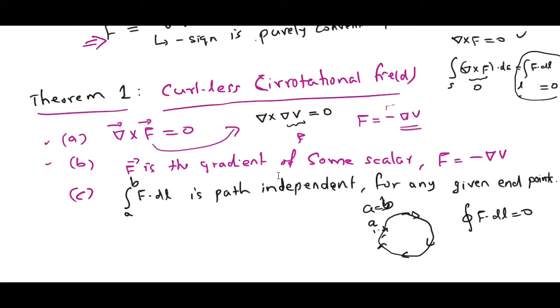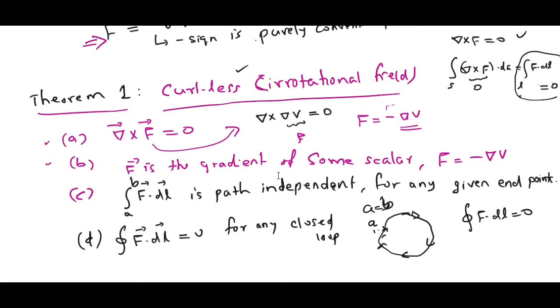Therefore, I am going to write here the fourth condition, closed line integral f dot dl is equal to 0 for any closed loop. Okay, these are the consequences of the curlless field, or these are the properties of the curlless field.